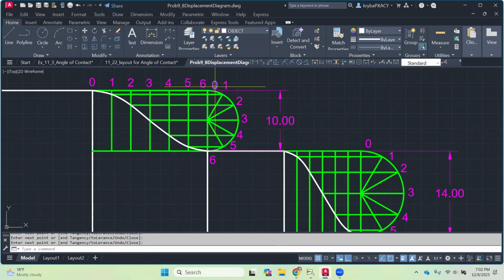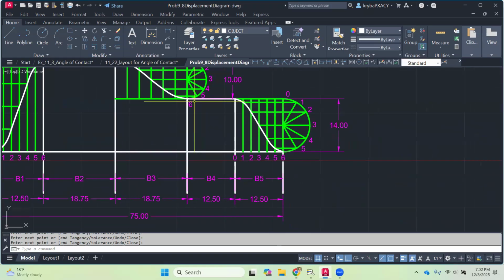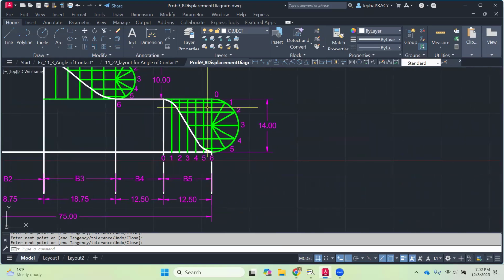And then starting at the top is going to be 0, 1, 2, 3, 4, 5, 6, 30 degrees apart. And then you're going to pull those intersections over and do your spline through the points. Then you're going to dwell 60 degrees. And then you're going to fall the last 14 using that same construction.